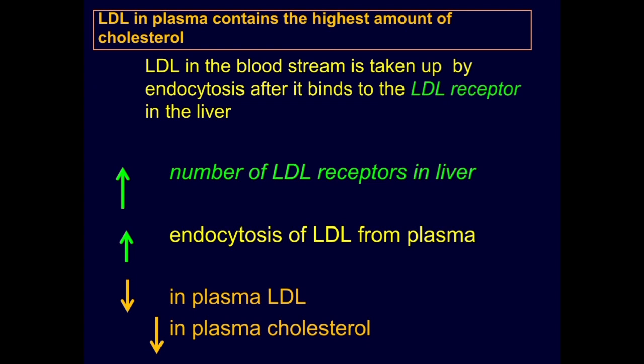More LDL receptors on the surface of hepatocytes will endocytose more LDL from plasma and thus reduce plasma cholesterol.